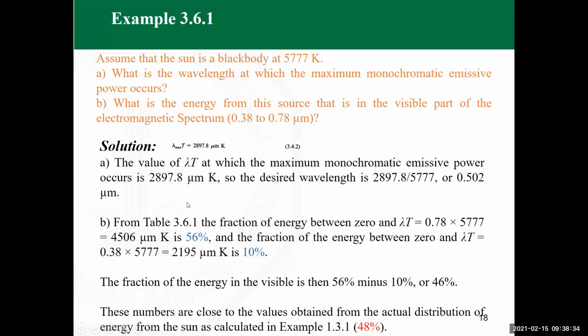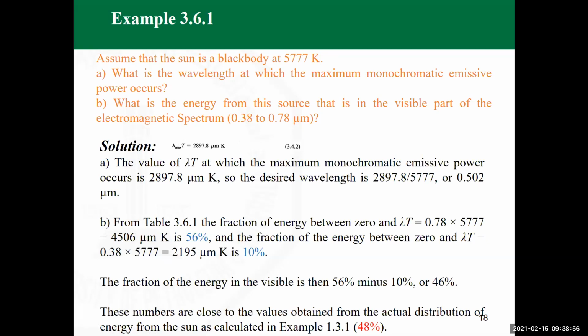The second part of the example is asking, from the table that we have shown earlier, for the fraction of the energy which is within a range of lambda from 0.38 to 0.78. So what we are going to do, we are going to look at each one of these borders.